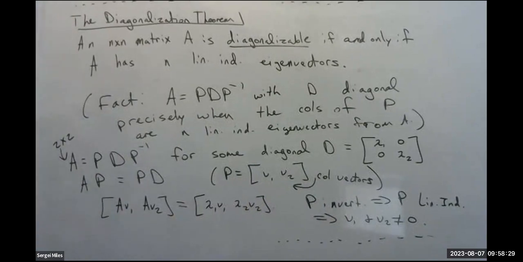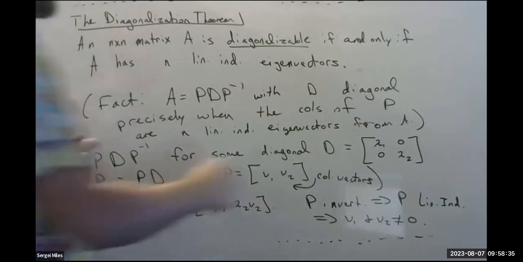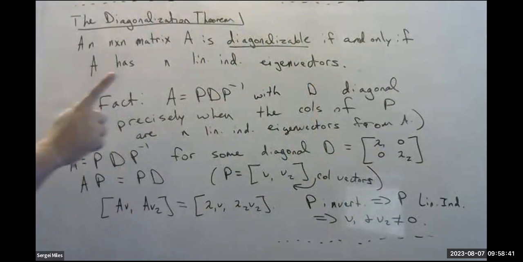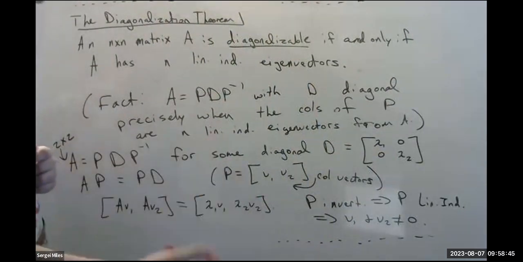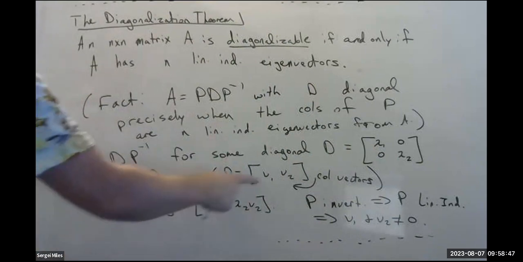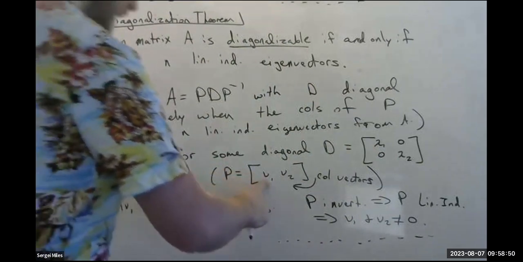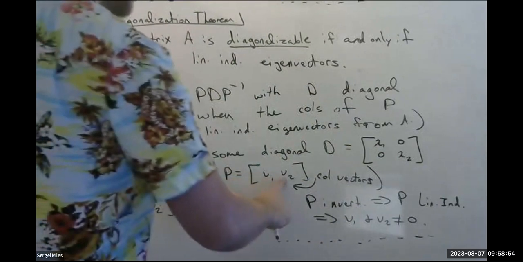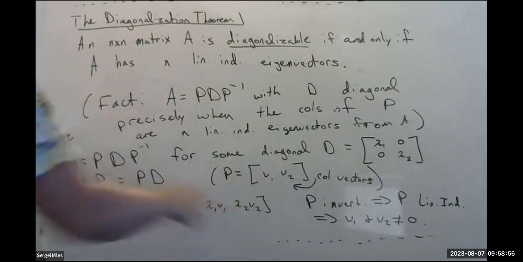So this is the breakdown, and this tells me exactly how I'm going to construct P, how I'm going to find D. D is a diagonal matrix with my eigenvalues, and for P, you want to pay attention, the order matters. The order is key here. Notice V1 was an eigenvector with lambda 1. V2 is an eigenvector with lambda 2.